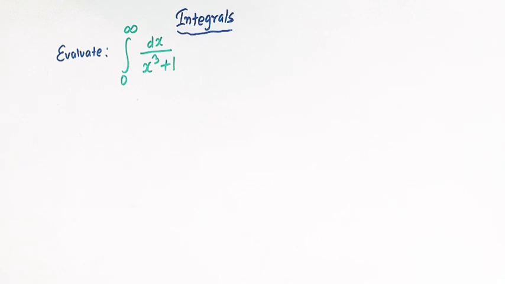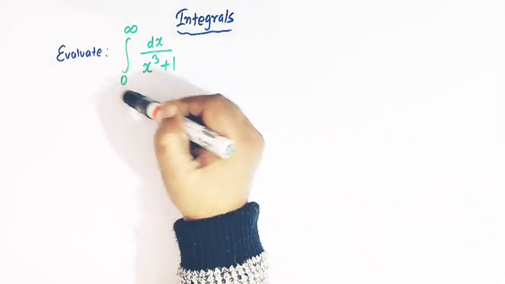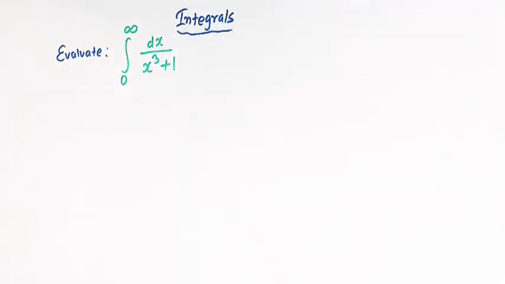But in this series we are focusing on the application of beta and gamma functions, right? So we'll solve this integral by using the concept of beta and gamma functions, right? We'll also solve all these types of integrals using the calculus of residues in our next series, right?